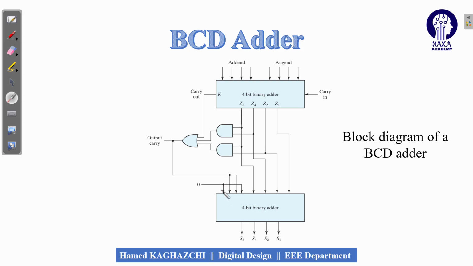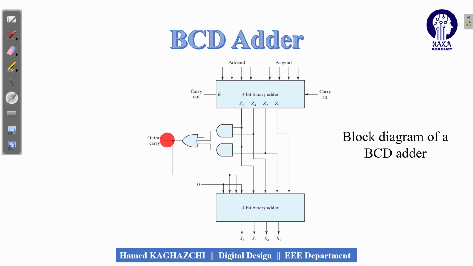So what does it mean? It means that this Z1, Z2, Z4, Z8 comes directly here and is added by 0. It means that directly in the result we again have Z1, Z2, Z4, Z8 as S1 up to S8. And again, we have to use another binary adder here.